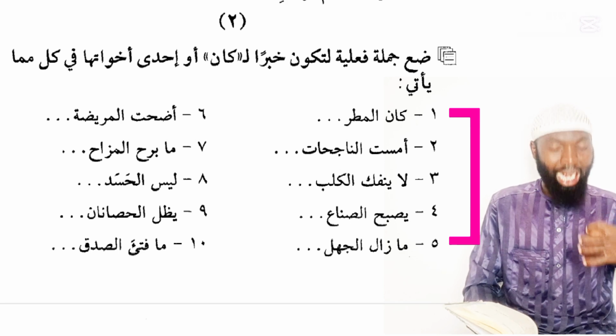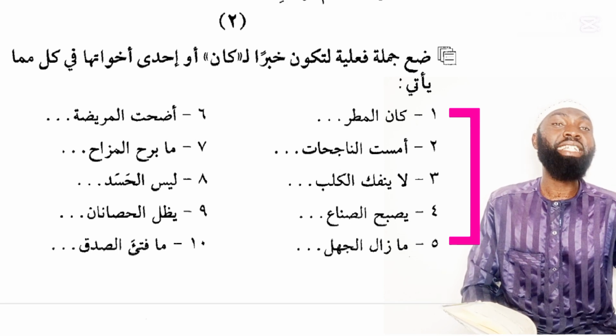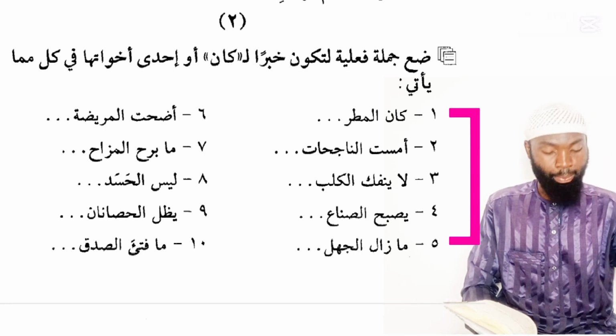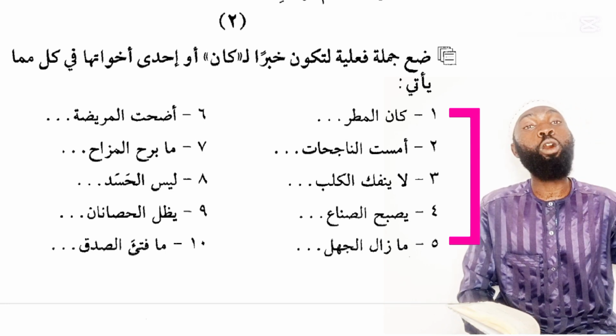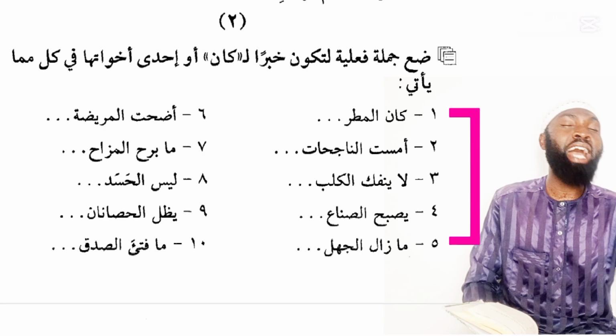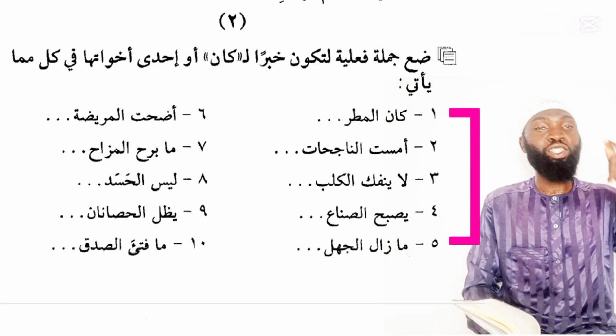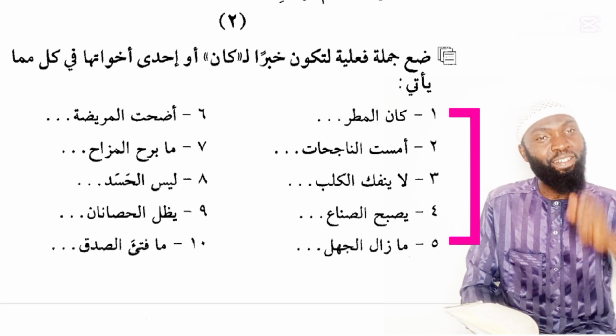Number 2, we have amsatin najihatu, the successful girls who pass their examination. For example, amsatin najihatu, we can complete it by saying yahtafilna binajahihinna, celebrating their success. So yahtafilna, that is a verb.